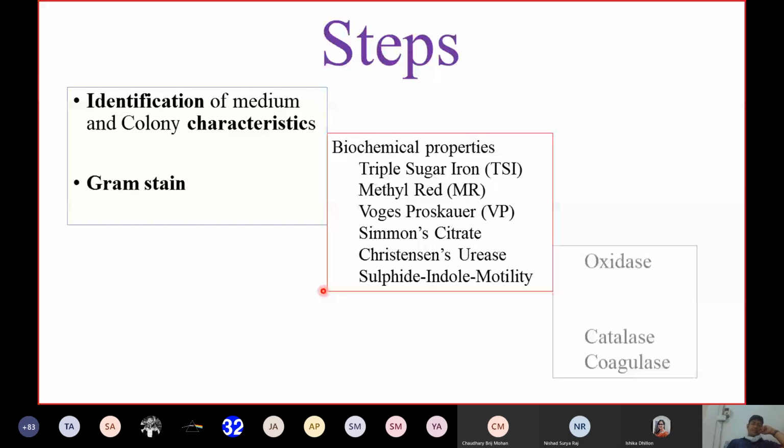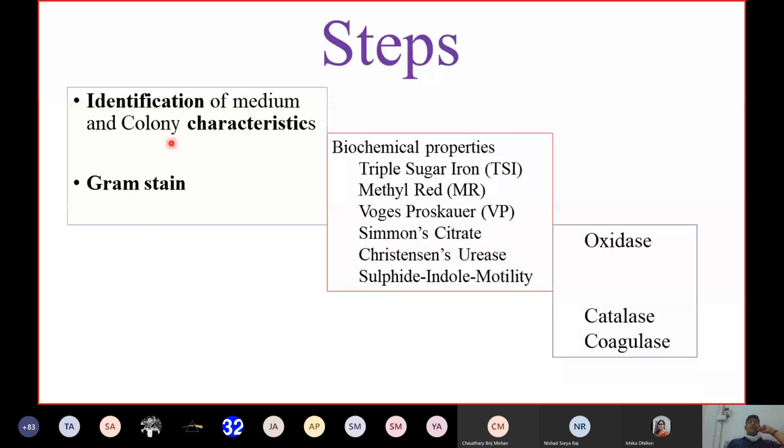As we have discussed, the first and foremost thing is colony characteristics in a particular culture medium. Whenever you are describing colony characteristics, you must say what medium it is. So first tell in which medium the organism is, then define the colony characteristics, because certain properties are inhibited in certain media, and we may not see certain peculiar features of a bacterium in a particular medium.